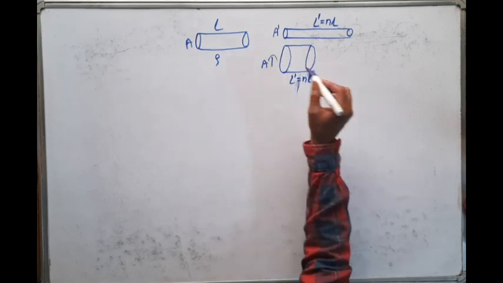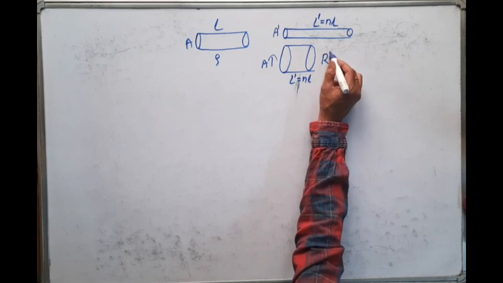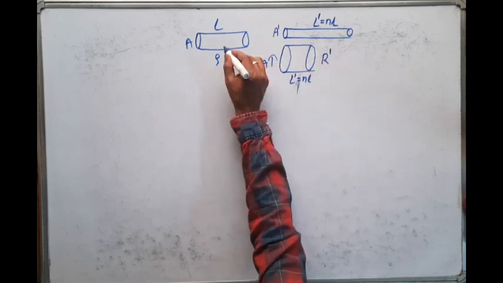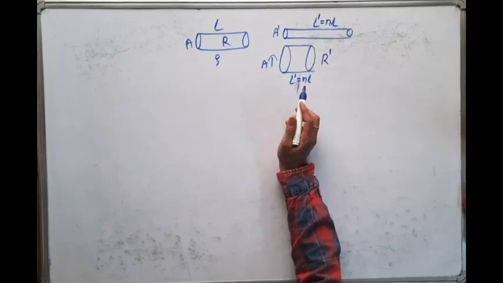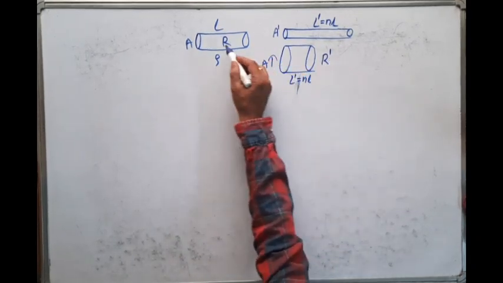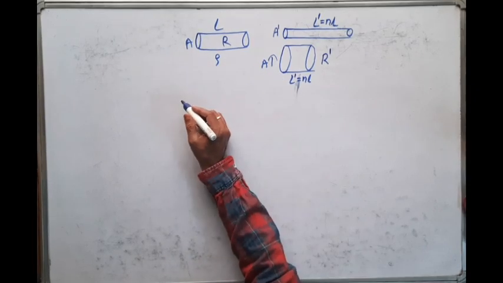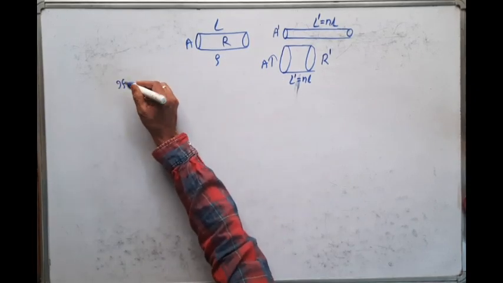But if area changes, definitely resistance will change. So let us say here resistance is R, here resistance is R dash. What is the relation between R dash and R?